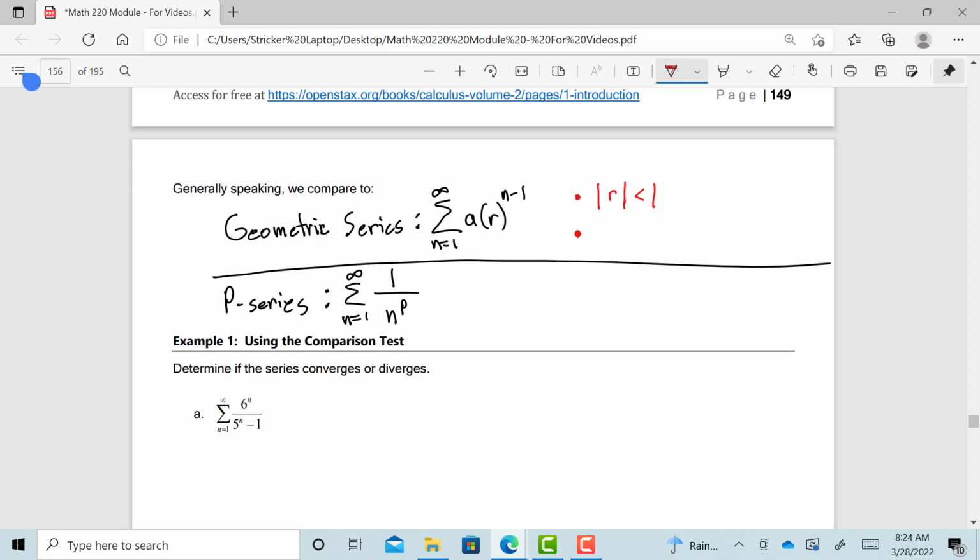So if the absolute value of R is less than 1, then it converges. And then if the absolute value of R is greater than or equal to 1, then it diverges.